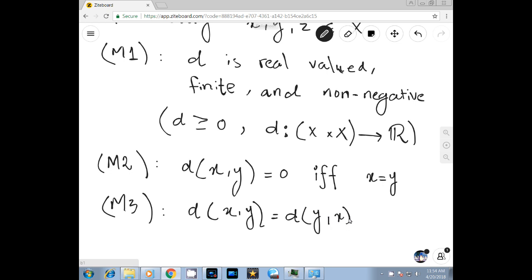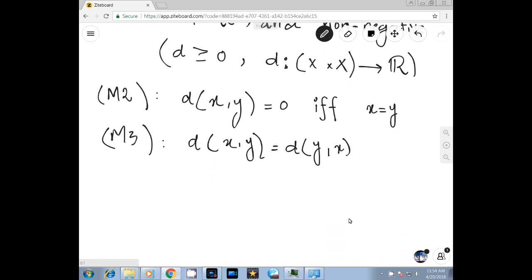D of xy is equal to D of yx. In the case of real numbers, if you're asked to find the distance between 5 and 8, this distance is equal to the absolute value of 8 minus 5, which is the absolute value of 3, and it is equal to 3.